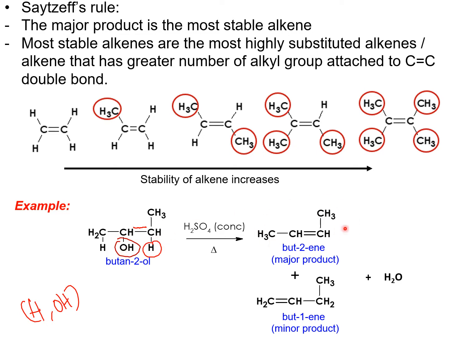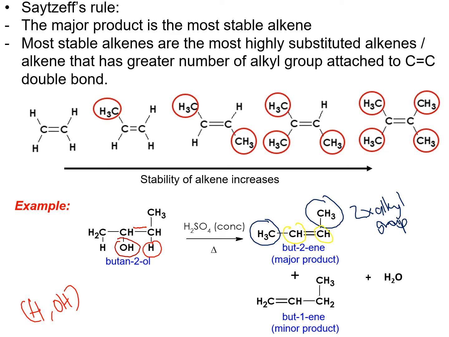Therefore, I will form this kind of product. Okay, di mana carbon belah kiri ni ada alkyl group CH3 and also this carbon double bond pun ada alkyl group CH3. So dia ada dua alkyl group around the carbon-carbon double bond.